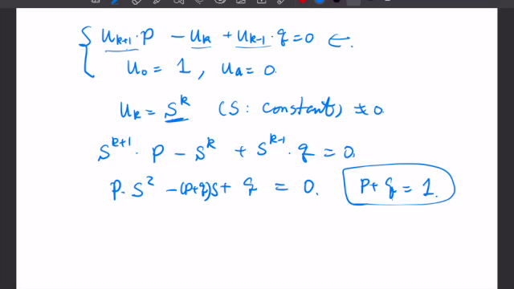Therefore this can be factorized as (ps minus q) times (s minus 1) equal to 0. Therefore, we have the values of s. That is either s equals 1 or q over p.